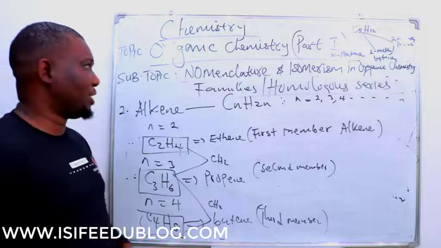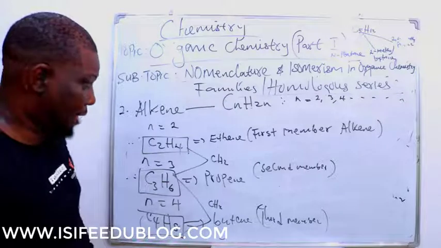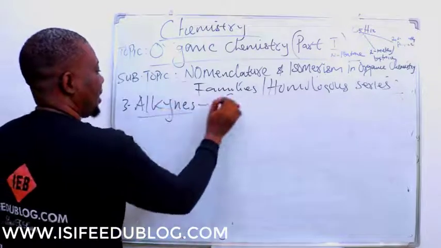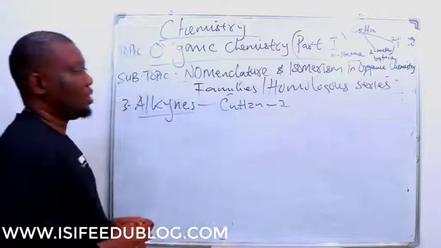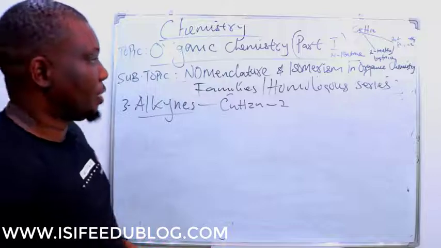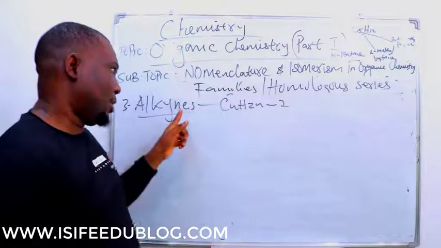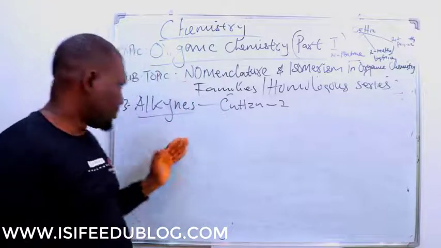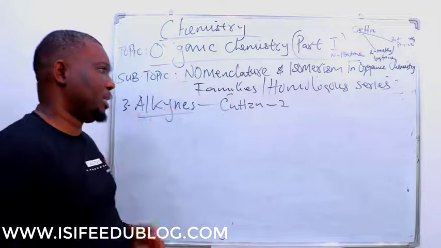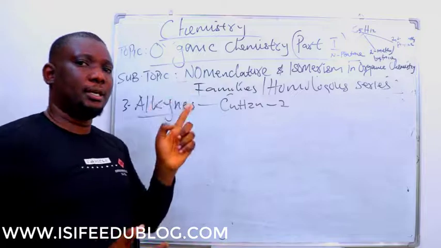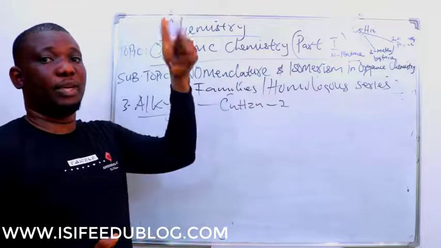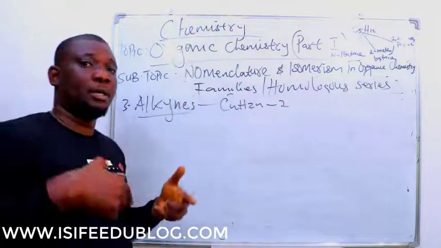And quickly we'll move on to the next family, which is alkyne. The general formula is CnH2n minus 2. Members of this family differ from alkane by a shortage of 4 hydrogen atoms, and from alkene by a shortage of 2.